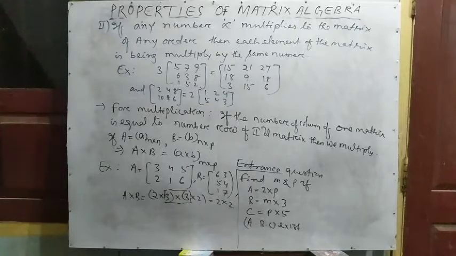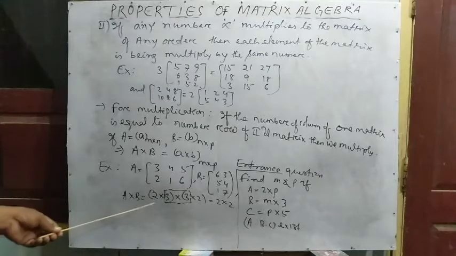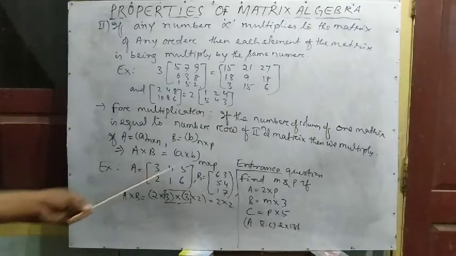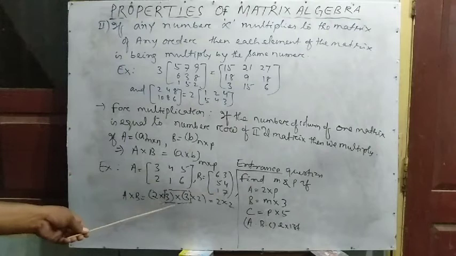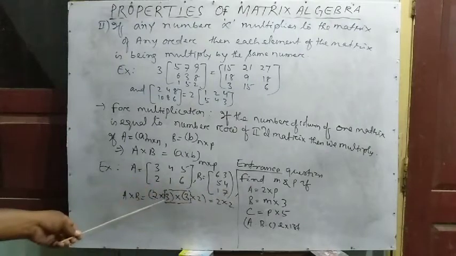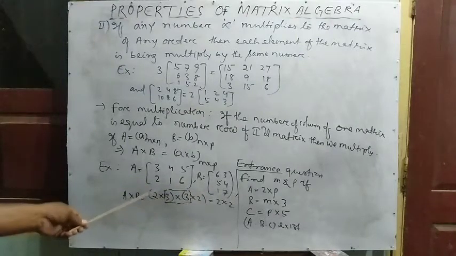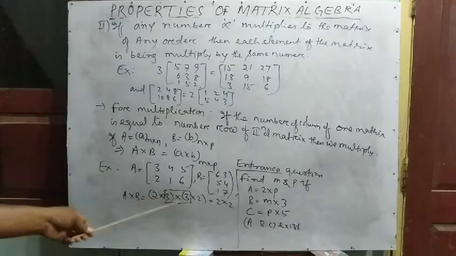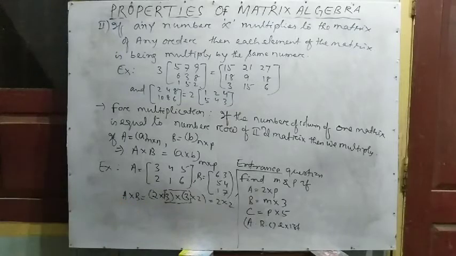Here the multiplication is possible. Since A has 3 columns and B has 3 rows, these two are equal and will cancel. 2 by 3 multiplied by 3 by 2, this 3 and this 3 cancel, and we get a 2 by 2 matrix after multiplication.